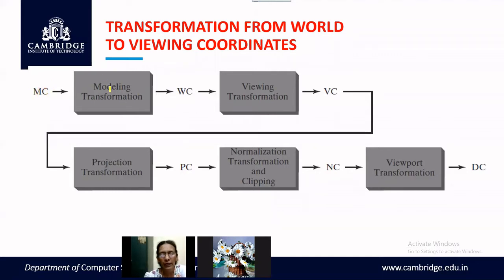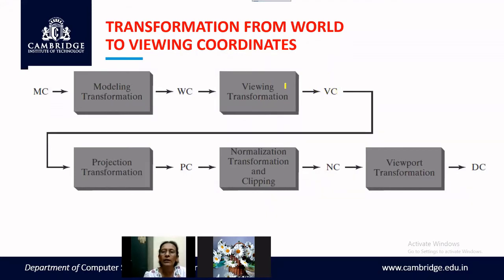We applied the modeling transformation. We got the object coordinates in the world coordinate system. Then we apply the viewing transformation, and we got the viewing coordinate system. The object coordinates were mapped to the viewing coordinate system.